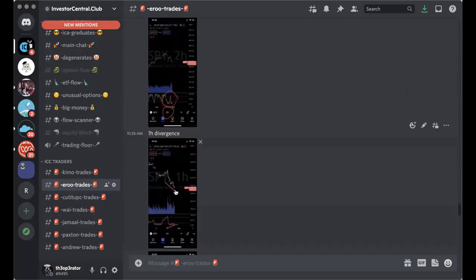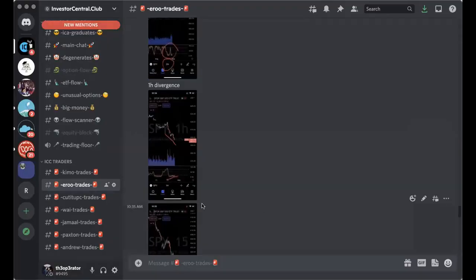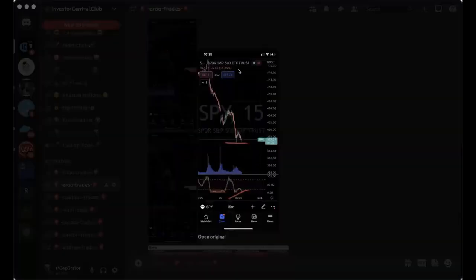What else? Divergence on the 1 hour as well, starting to curl up here too, bouncing back up. The 15-minute is where it's really starting to show, right? You have this downtrend, but with pretty much similar prices, this is starting to curl up. Here it was at about 397, right? It did come a little bit lower, so we'll just say 397.